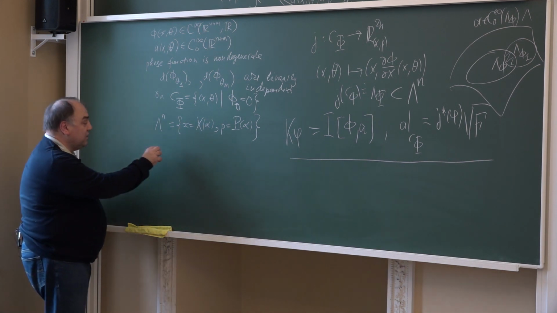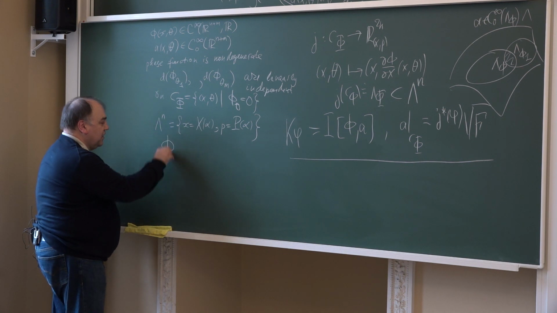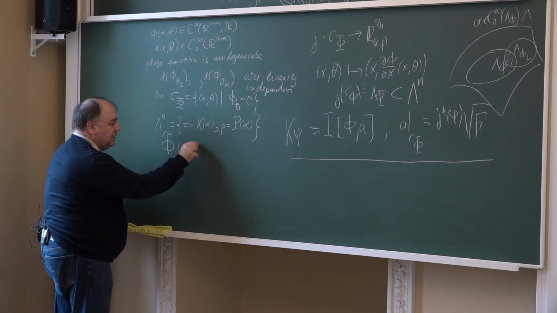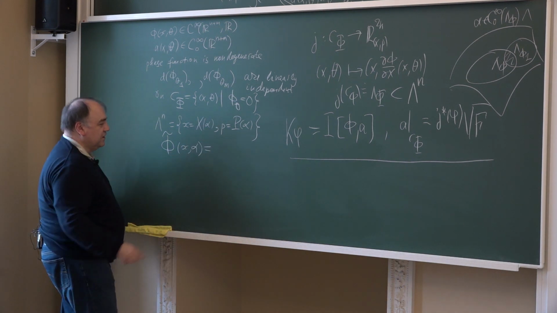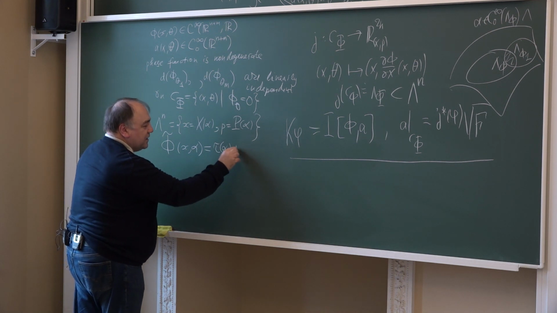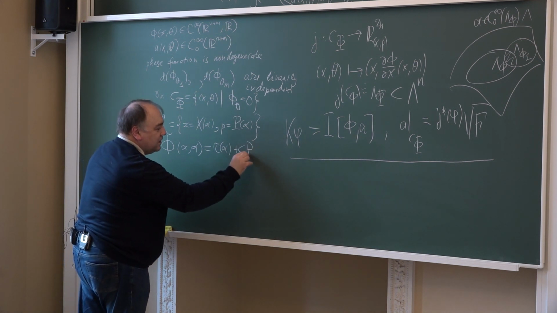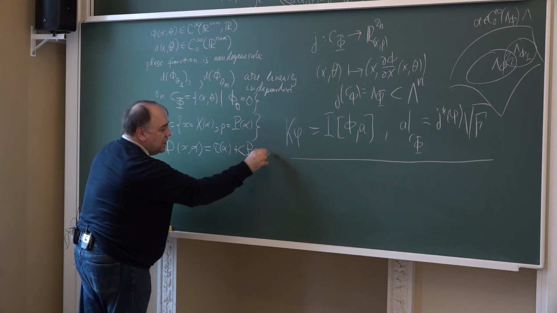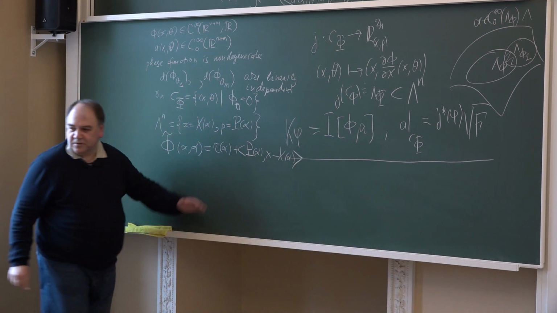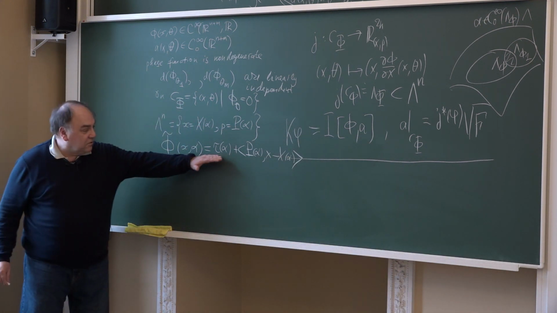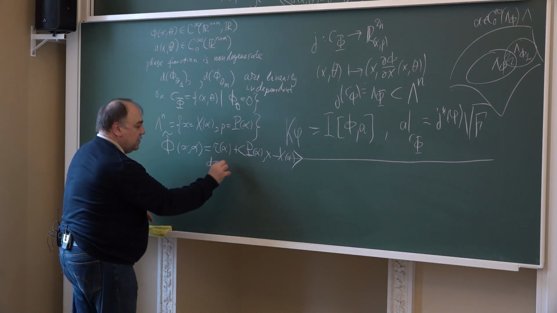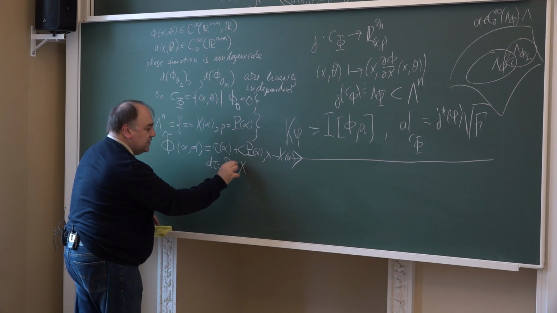Then you take the universal phase function phi tilde of x and alpha, equal to tau of alpha plus p of alpha times x minus x of alpha. This is the universal phase function, where tau is the action on the manifold. The tau is the integral of p dx.